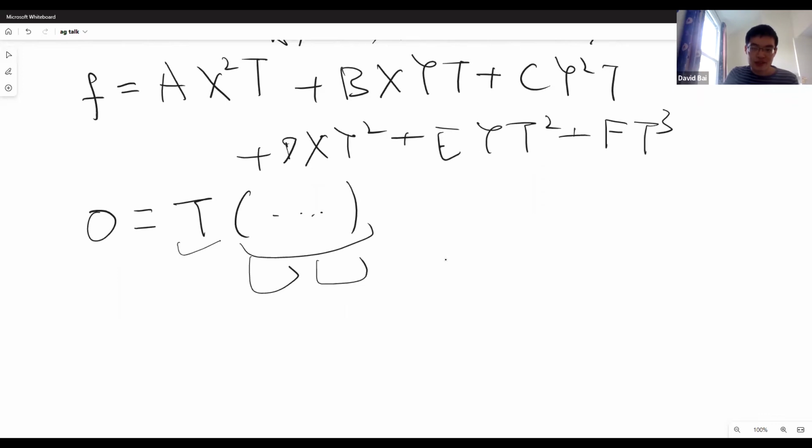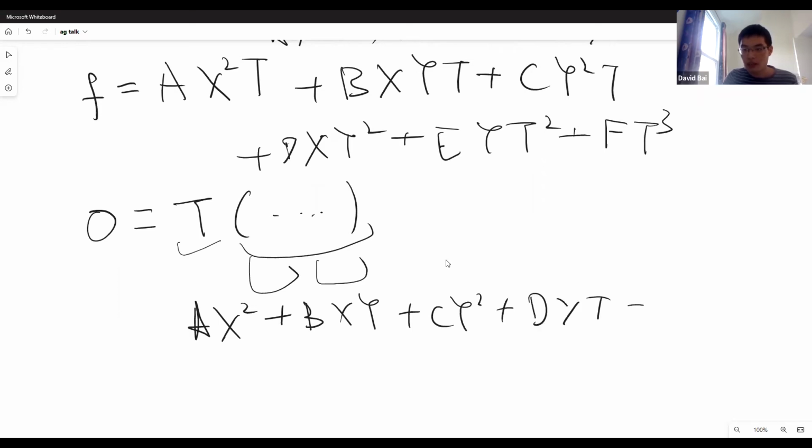Well, I didn't want to write the equation down, but it looks like I will have to anyway. So this quadratic form is a x squared plus b x y plus c y squared plus d x t plus e y t plus f t squared. I'm hoping this was covered in vectors and matrices.